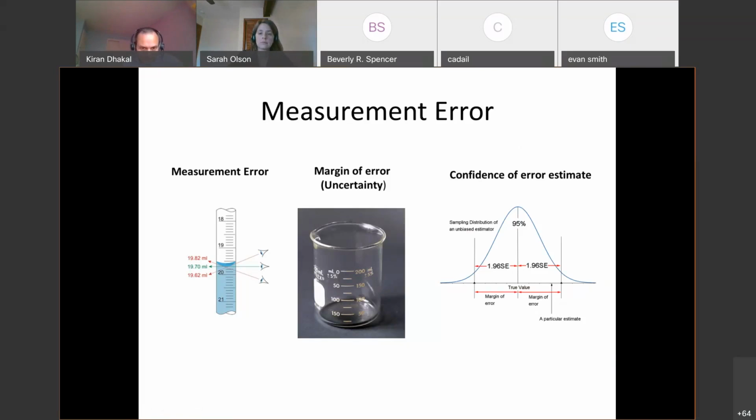In this beaker, you can see this beaker can measure 200 milliliters, but with a margin of error of 5%. So anywhere between 190 to 210 milliliters can be measured if we use this beaker. And when you do a replicate measurement using this beaker to measure something, then you can find out your margin of error, and you can estimate that margin of error with a certain level of confidence.